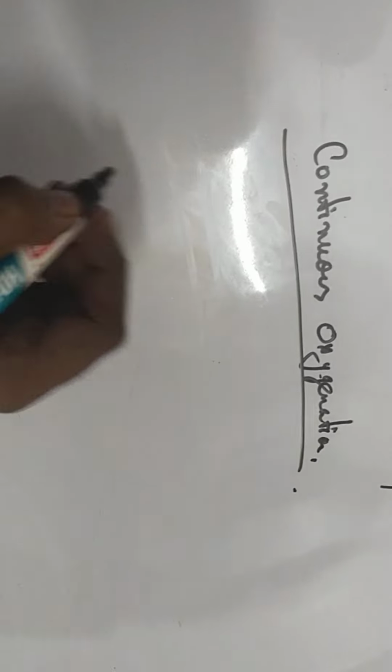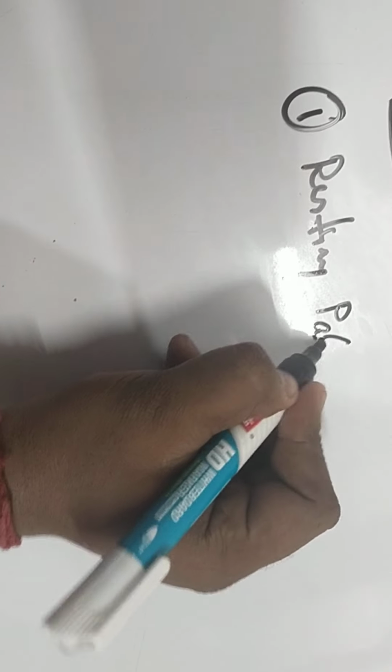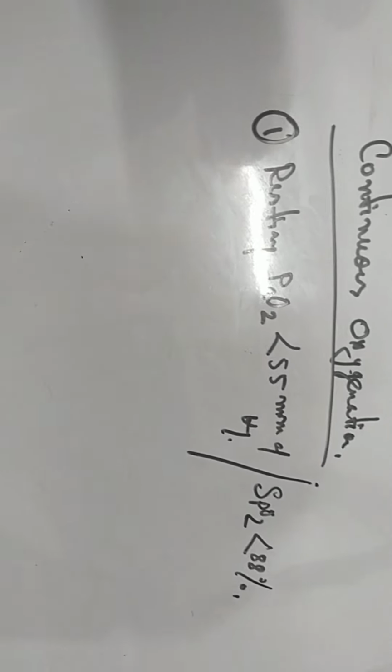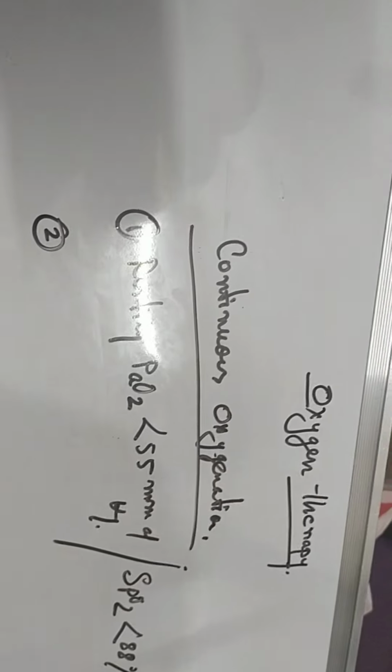The first, resting PO2 less than 55 millimeter of mercury, SpO2 less than 88%. These are the indications for continuous long-term oxygen therapy.